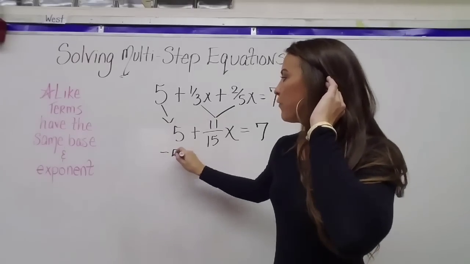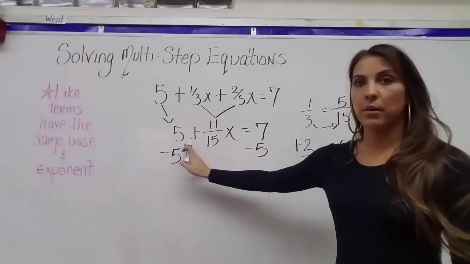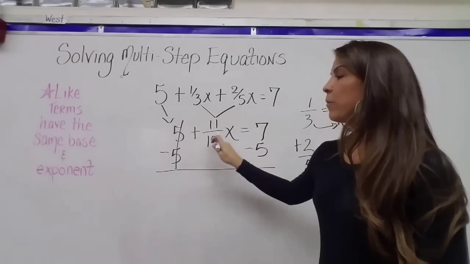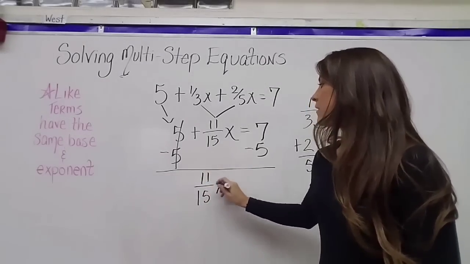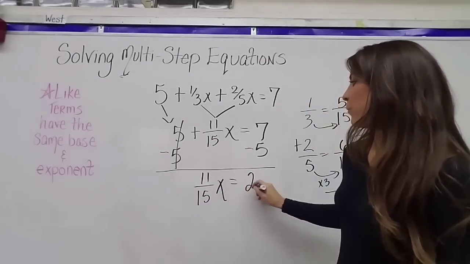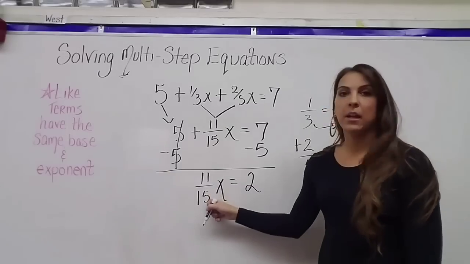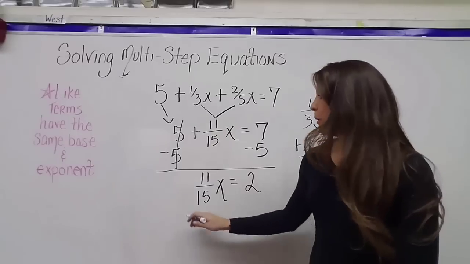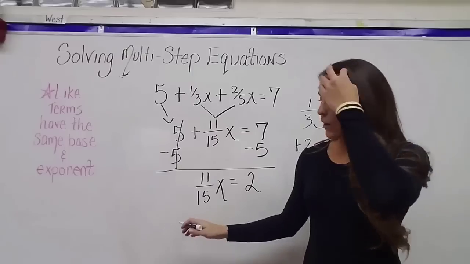So I'm going to subtract 5 from both sides, because again, I like to get rid of that constant number first. 5 minus 5 is 0, and 0 plus 11/15 x is 11/15 x equals 2. Final step. X is being multiplied by 11/15. So the inverse would be to divide by 11/15. But I don't have to write that.